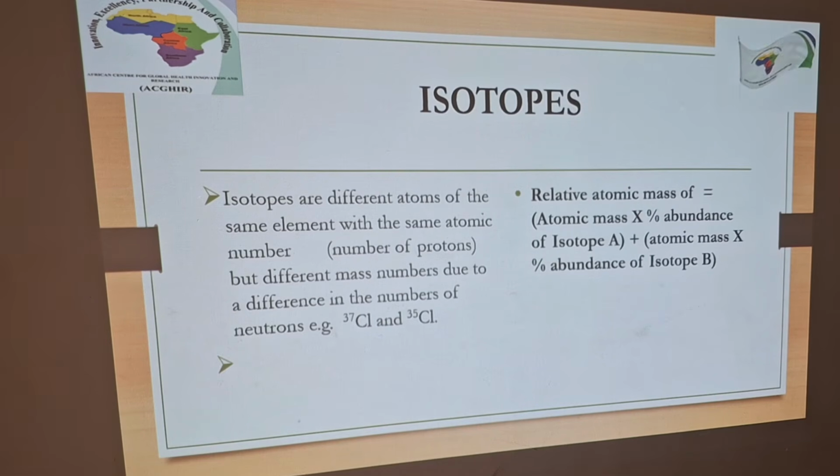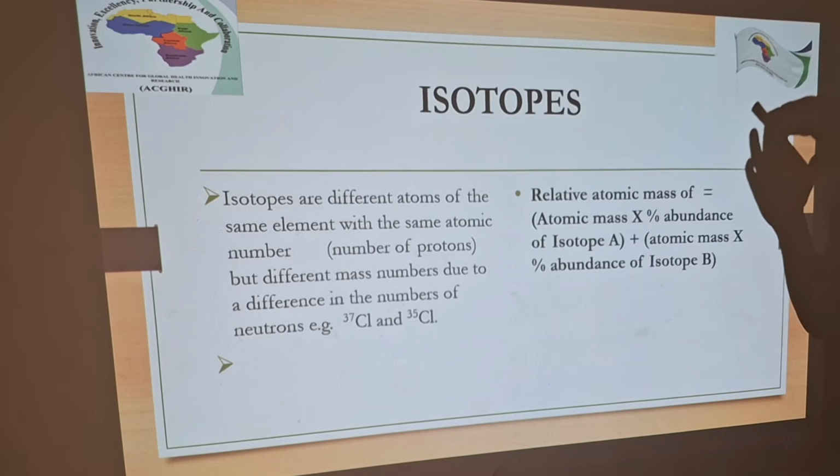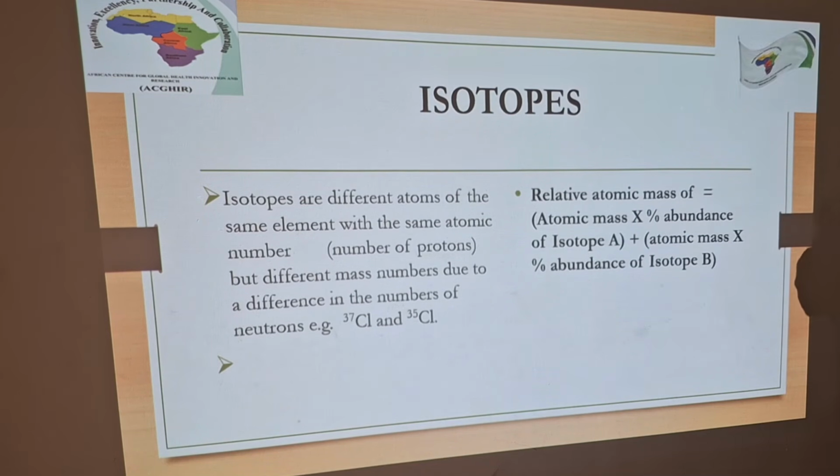When we do that, we'll be able to come up with a relative atomic mass of an element which exists as isotopes.